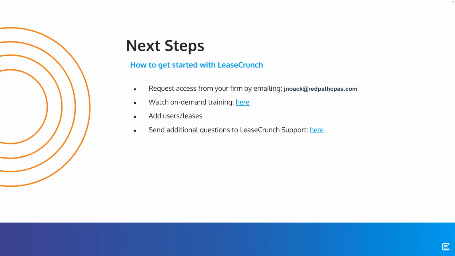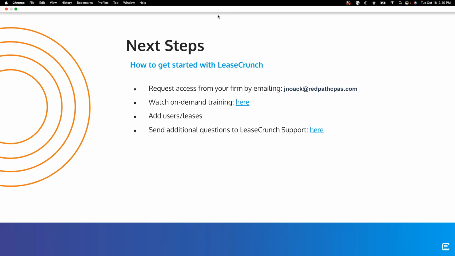Abby, I can jump in on that. This is Andrew Schultz with RedPath. The LeaseCrunch software fee is a per lease per year fee that I believe is $66 or $78 a lease, something in that range. We get billed directly from LeaseCrunch for the number of active leases that you have set up in the system, and we turn around and pass that cost onto you at no markup.